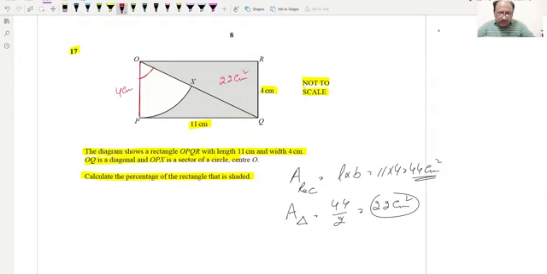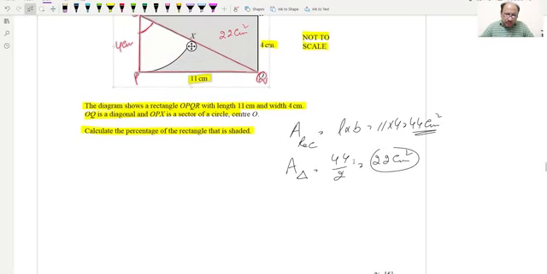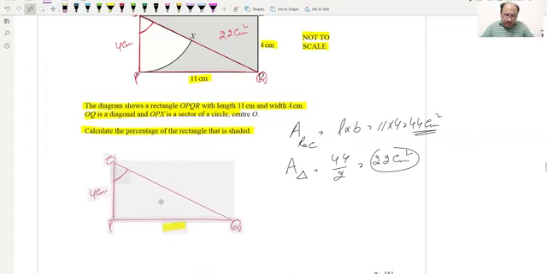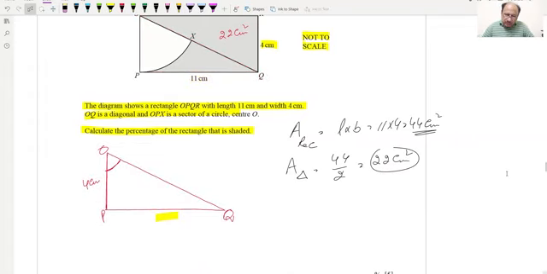This is the triangle which we are considering. This is P, this is O, this is Q, and we can take this triangle over here.